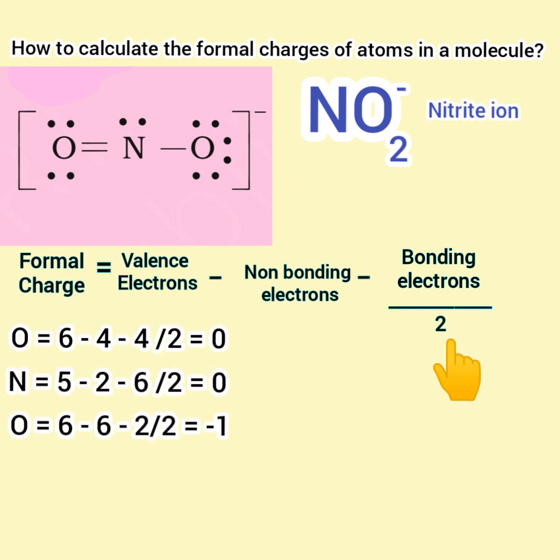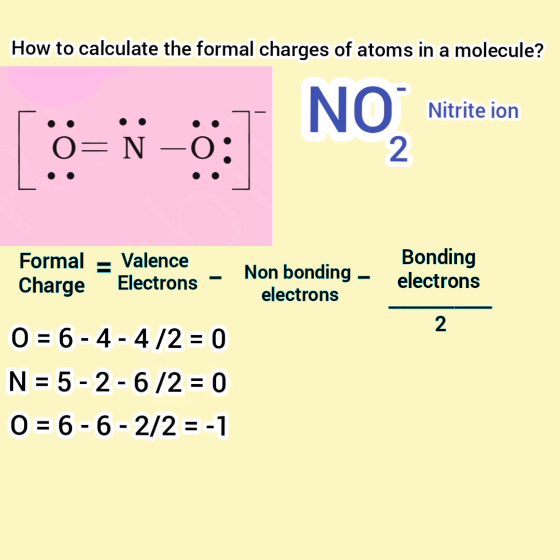Let's start with the oxygen on the left. Oxygen belongs to the 6th group of the periodic table, so the valency of oxygen is 6, minus non-bonding electrons, which is 4. We can find it by counting the dots. Minus bonding electrons: here 2 bonds, which means 4 electrons, divided by 2, equals 0.